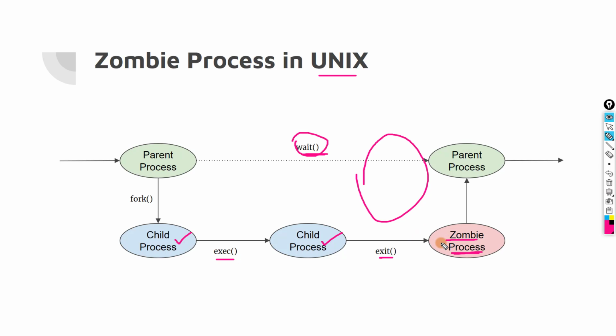I mean, there is no existence of this process, but there is an entry for it in the process table. That is why this child process in that time is called a zombie process. And when the parent process calls the wait function, the zombie process vanishes from the system. So for this period of time, this process will be called a zombie process.